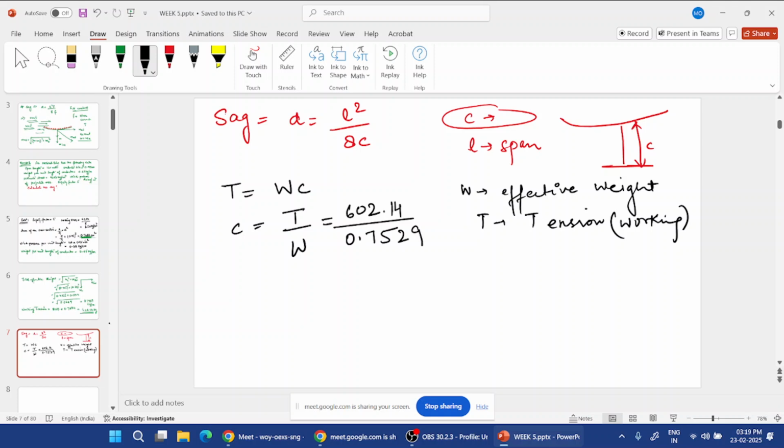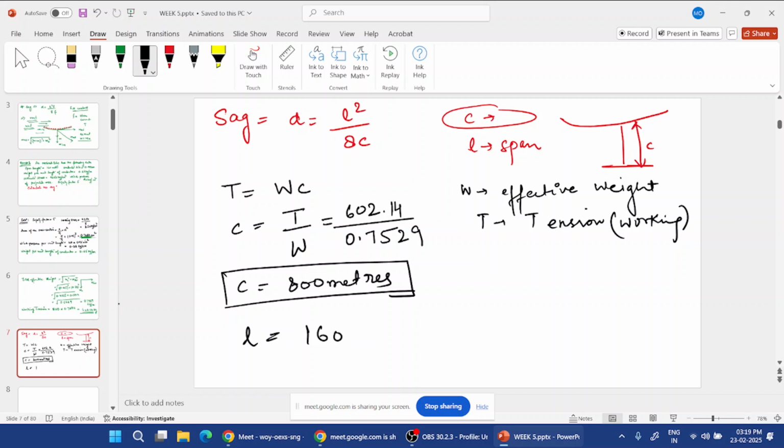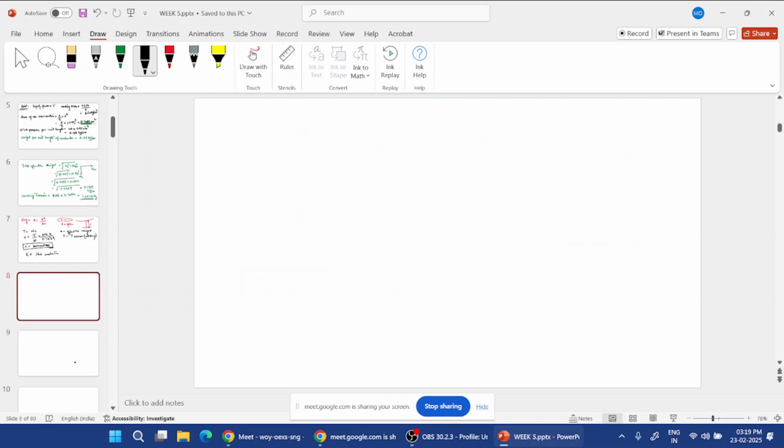Let me calculate the C value. 602.14 divided by 0.7529 comes out to be 800 meters. Now C we have calculated. L we know, which is 160 meters. So based on that, we are going to calculate the sag.